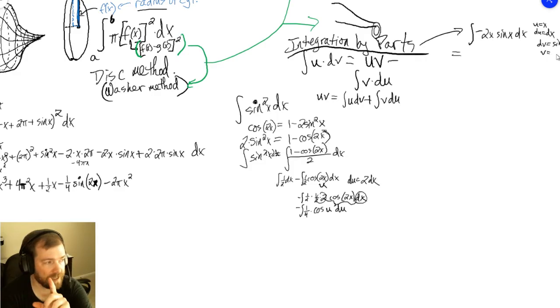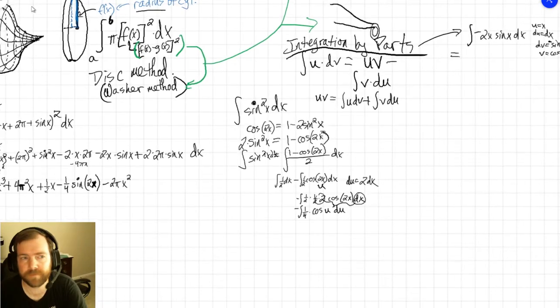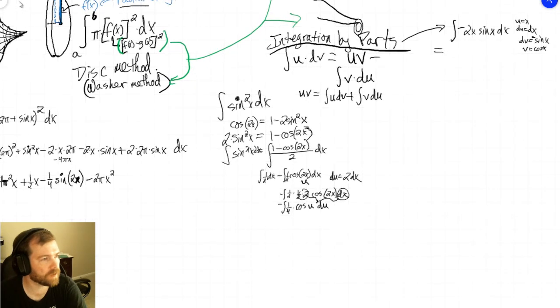And therefore v is going to be, well, that would get us a negative cosine. So actually, let's take that negative and put it with the sine of x. So then that makes v just be cosine of x. Move that over just a little bit. So then the 2 is kind of extraneous here.